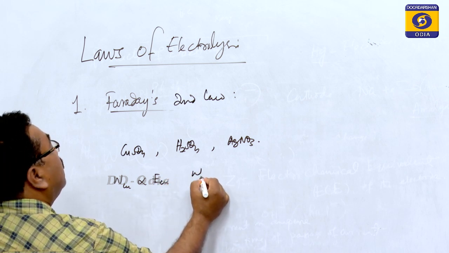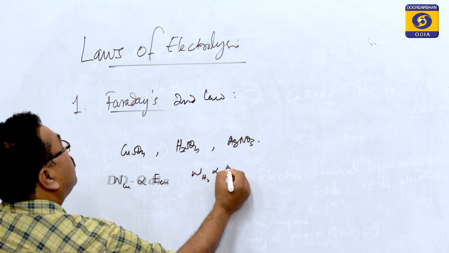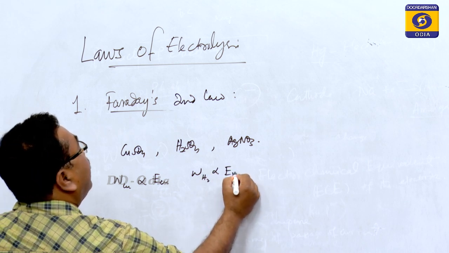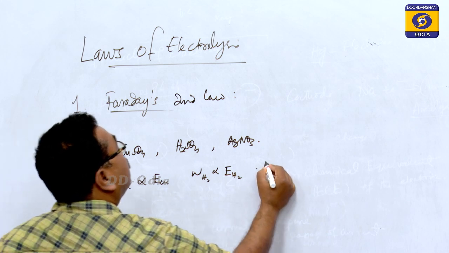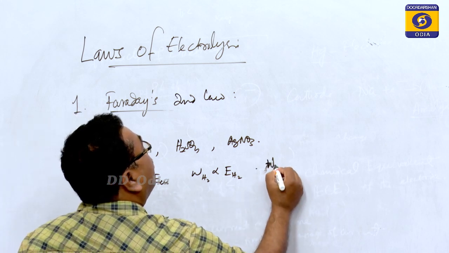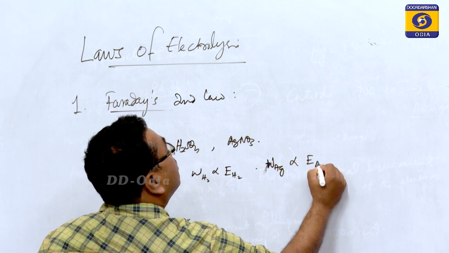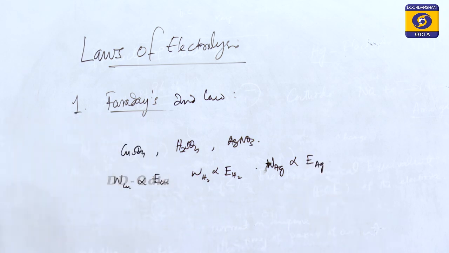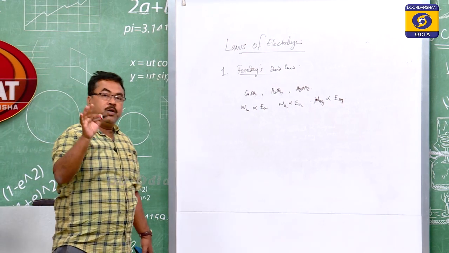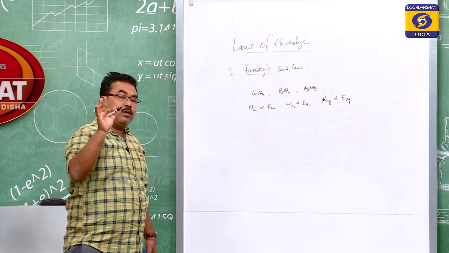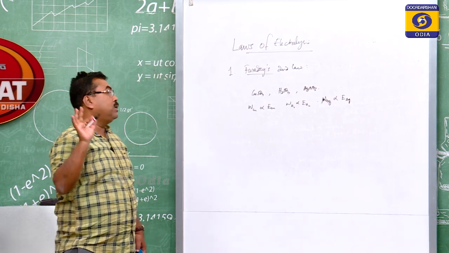Here hydrogen will be produced, proportional to the equivalent mass of hydrogen, and W silver produced is proportional to the equivalent mass of silver. That means the same quantity of charge will produce a definite quantity of substance at the electrodes.